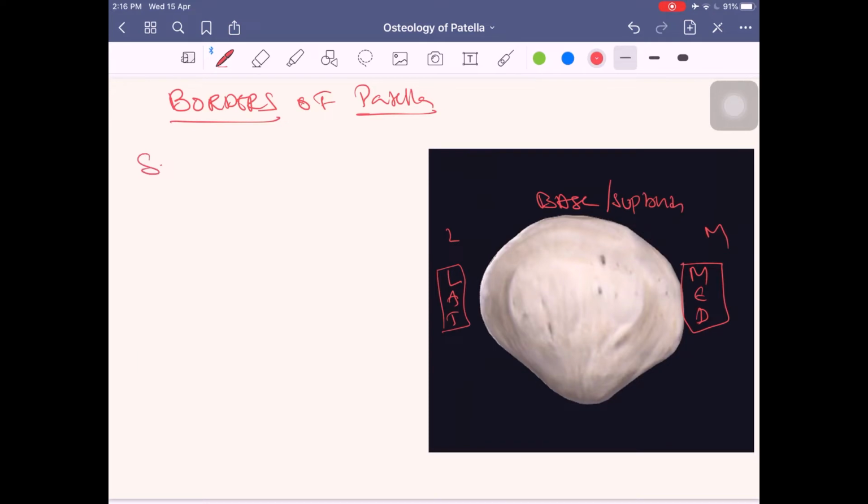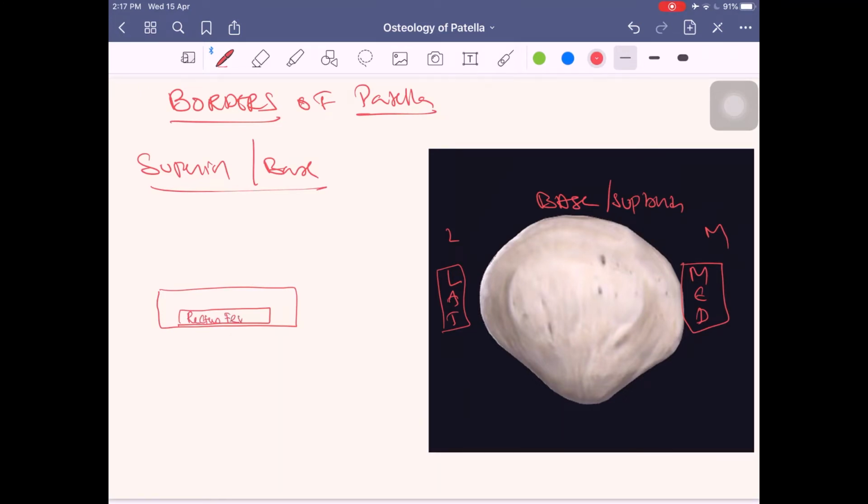Your superior border, also called the base, is providing attachment. On top of it there is an area that provides attachment. If this is the top view of your superior border, it provides attachment to two muscles. In its anterior part, rectus femoris.